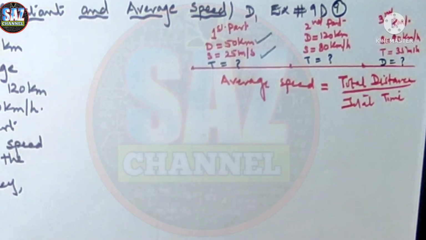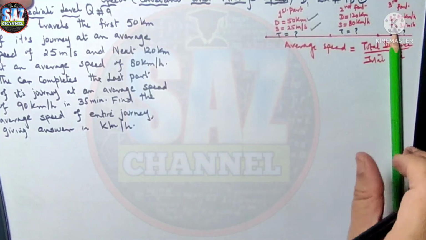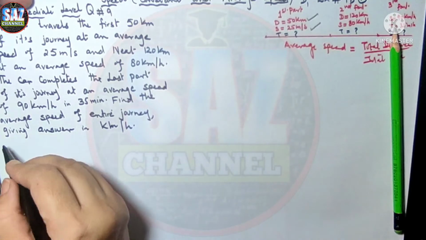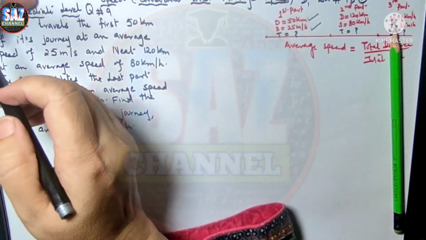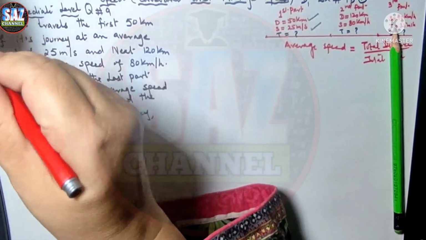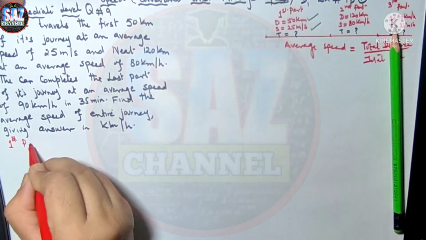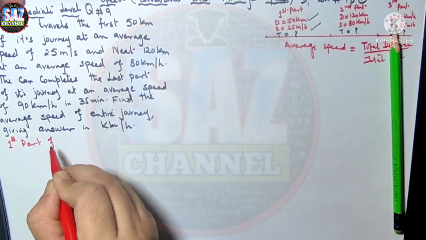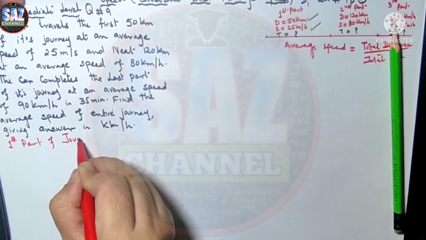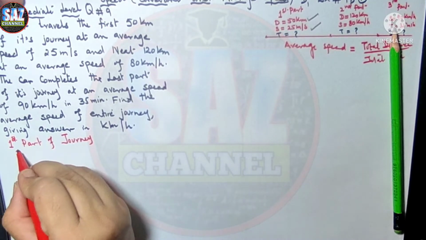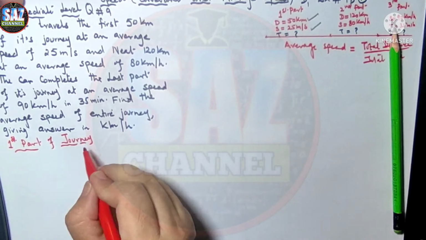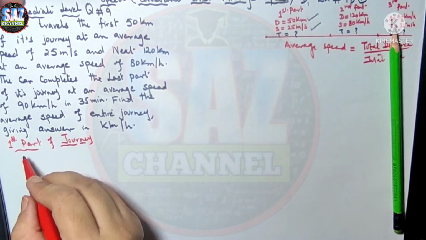First, in order to find the time for the first part of the journey, we are given speed and distance, and we have to find the time.